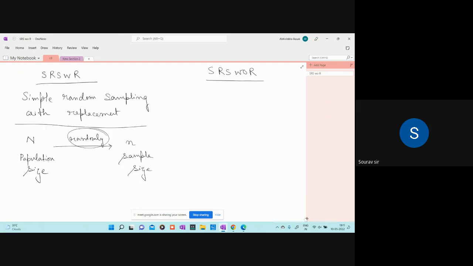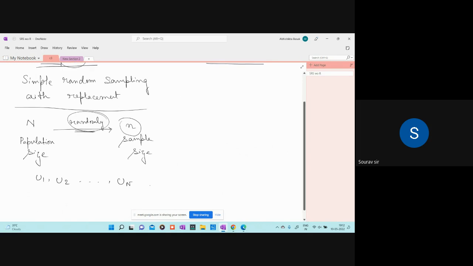Now this gives you the word randomly. Now coming to the portion with replacement. How are we going to get these small n values from the capital N values? Suppose u1, u2, ..., capital UN are my population units.